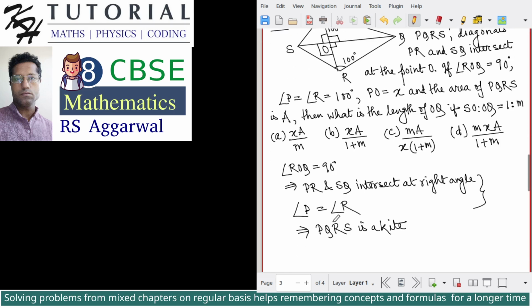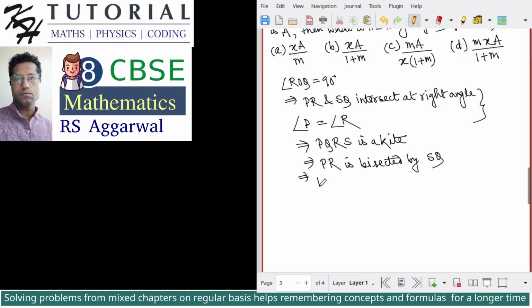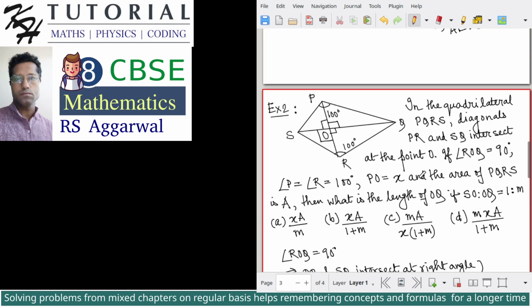So in this figure we must have PR is bisected by SQ. This will imply that PO will be equal to OR, equal to X, as PO is given to be X.